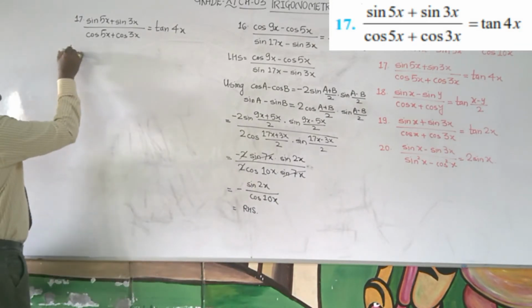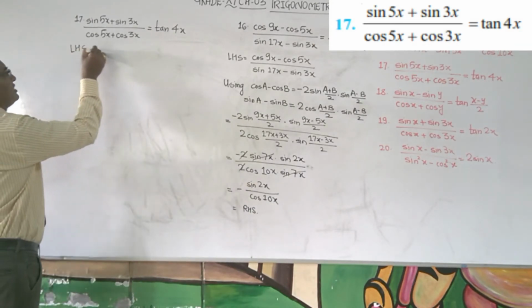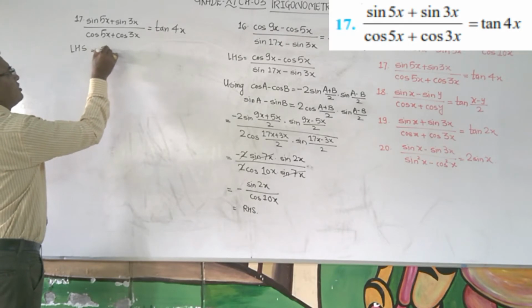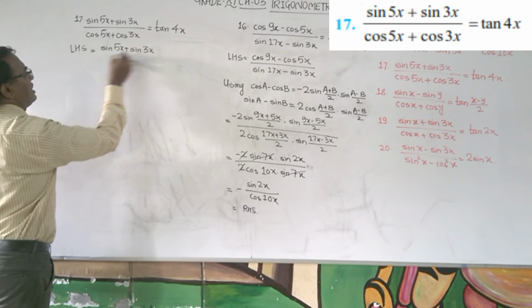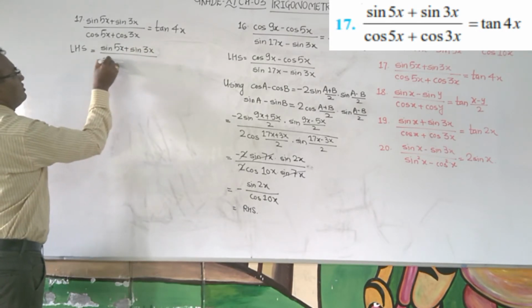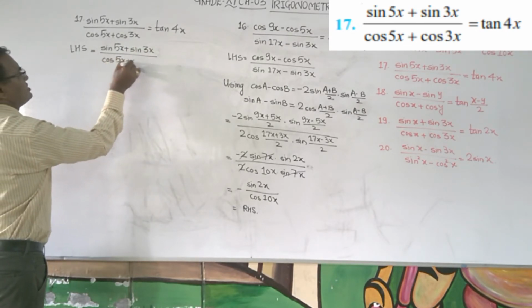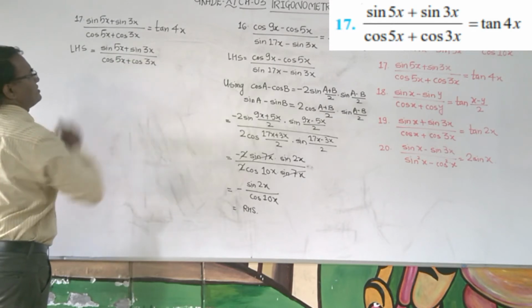Now the easiest work is what? Writing LHS, right? LHS is equal to sin 5x plus sin 3x divided by cos 5x cos 3x.